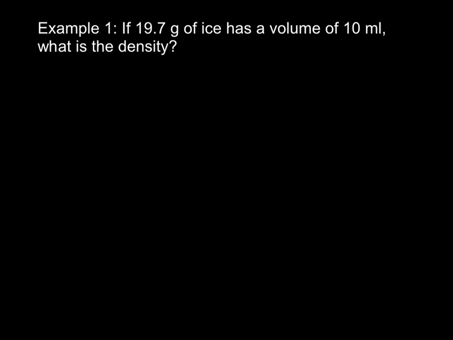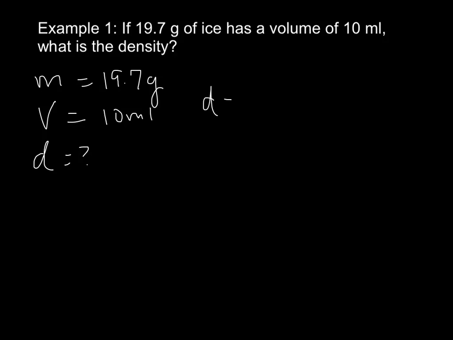So let's take a look at a couple of examples. If we have 19.7 grams of ice and we know that the volume of that 19.7 grams of ice is 10 milliliters, then what's the density? Well, we know that the mass is 19.7 grams. And we know the volume is 10 milliliters. And what we're looking for is the density. So let's write the formula. Density is mass divided by the volume.